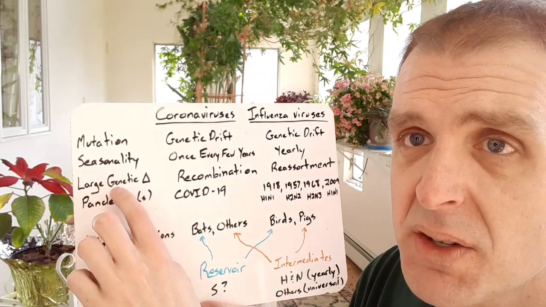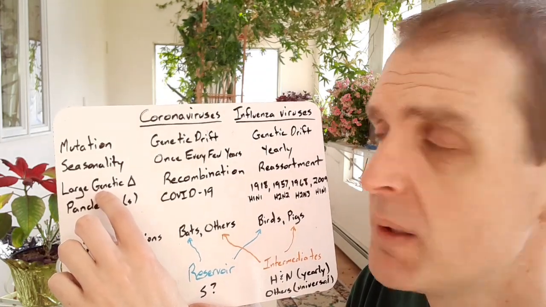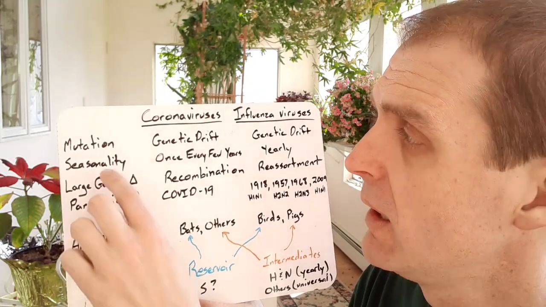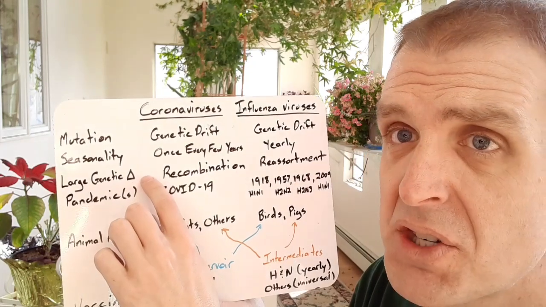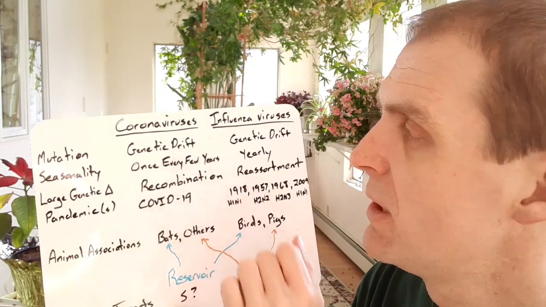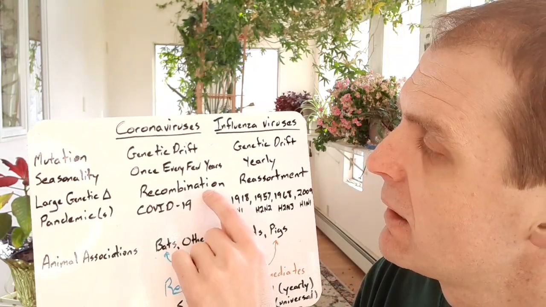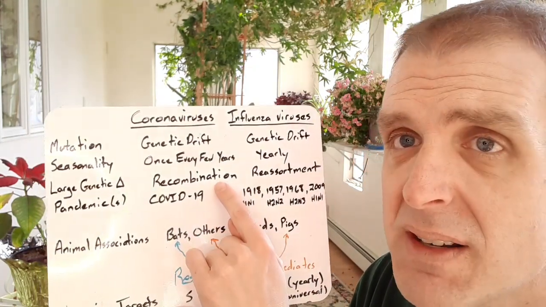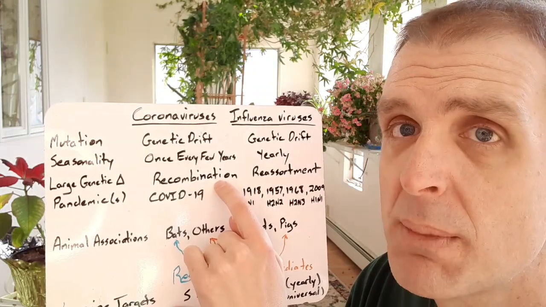In addition to just those moderate changes in the genome and the proteins that they make from the genetic drift, you can also have large genetic changes, which in influenza is sometimes called genetic shift. And in coronaviruses, the mechanism for getting large genetic changes is recombination.